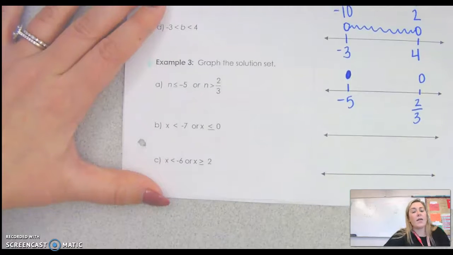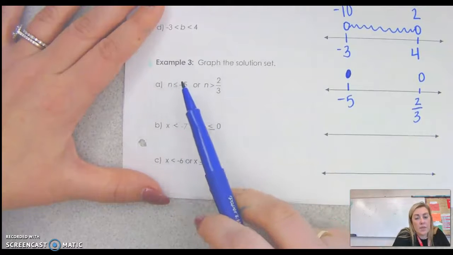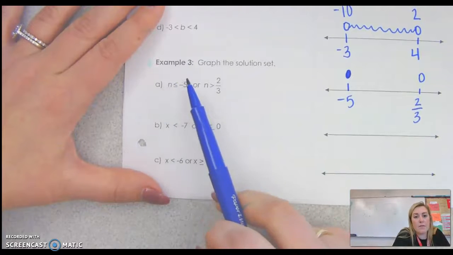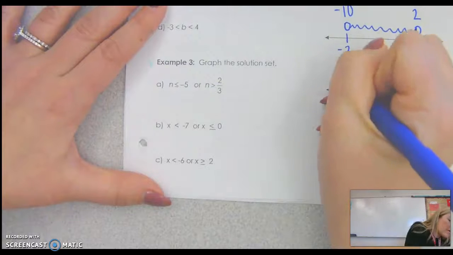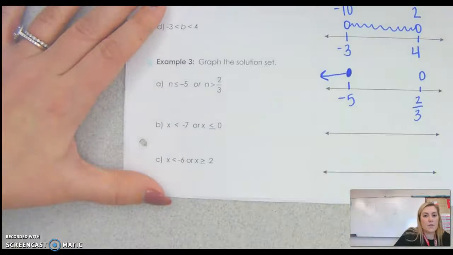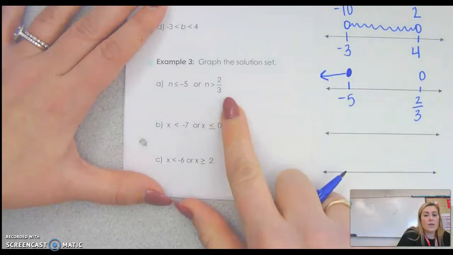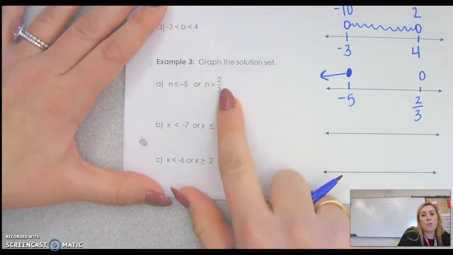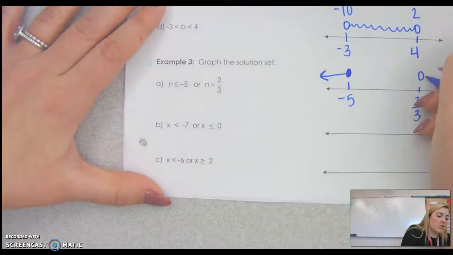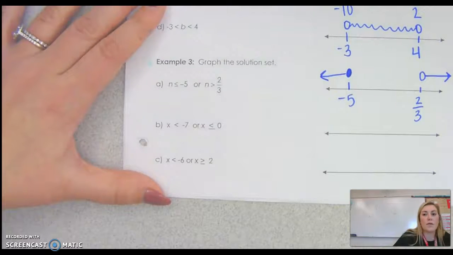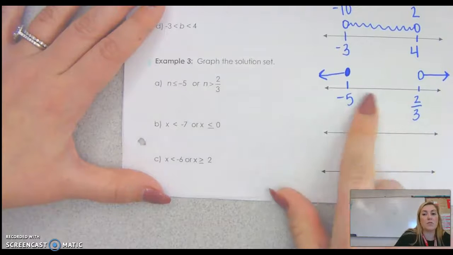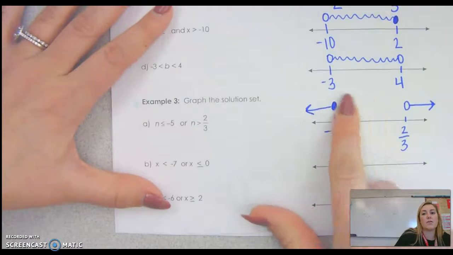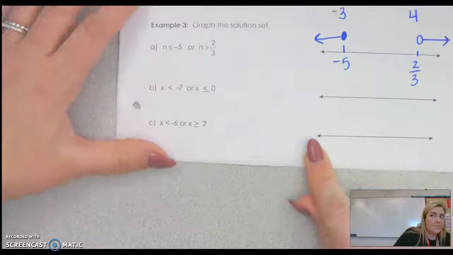Now if you look at the actual inequalities, this inequality with the -5 looks like it's pointing to the left, so we're going to shade to the left. N is greater than 2/3 looks like it's pointing to the right, so we would shade to the right. Or is always on the outside, so you shade in the outsides.